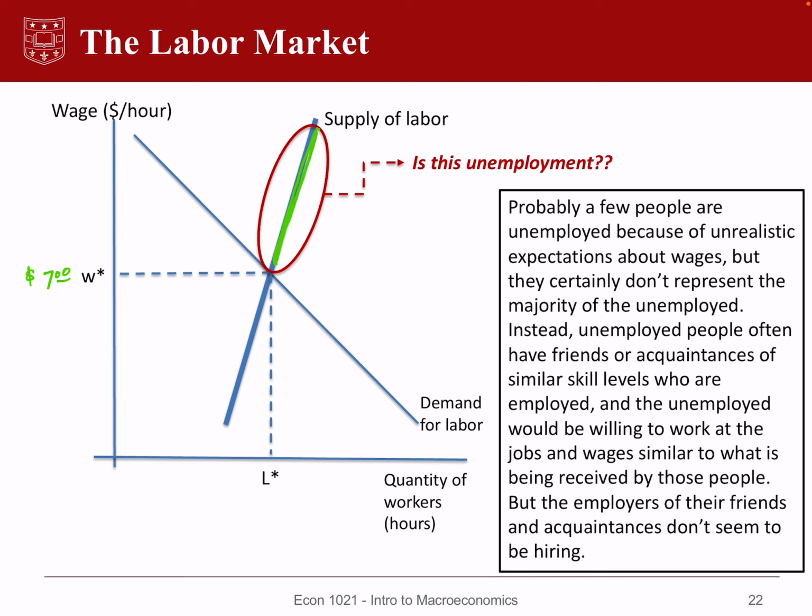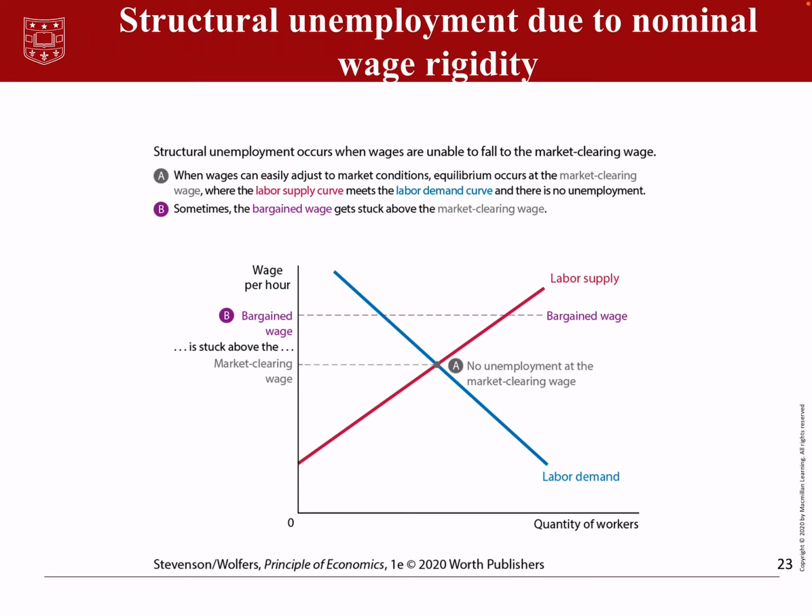So how do we square this? How do we make sense of this? The way in which we're going to make sense of this is to draw a distinction between the market clearing wage. This is what earlier I had as W star, or the competitive or free market competitive market wage would be another synonym for that.